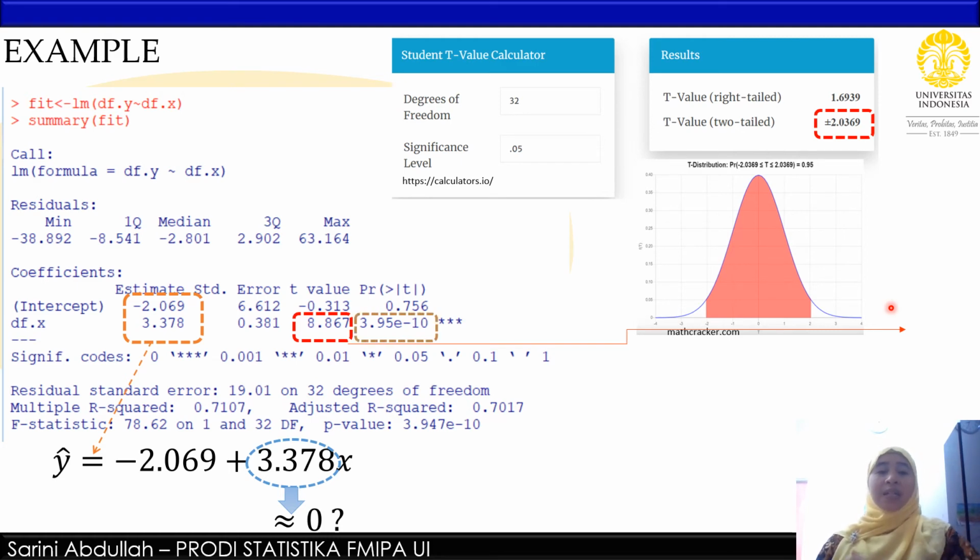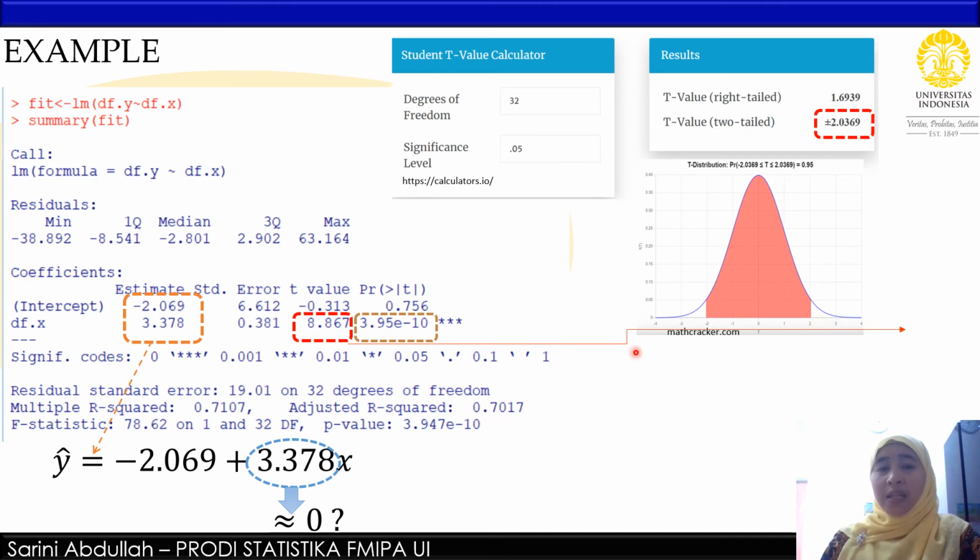Or for simplicity, people usually just use the p-value here and compare it with the significance level. So here we get the p-value of 3.95 times 10 to the power of minus 10. It means that it is almost 0, it is 0.00000 something.